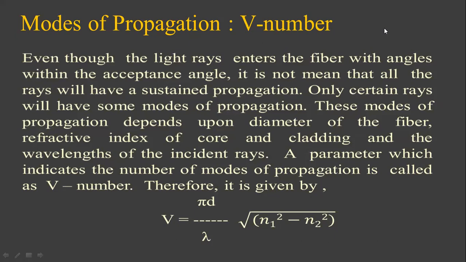And in this session, I am going to explain what is this mode of propagation, also called the V number. Even though the light rays enter the fiber with angles within the acceptance angle, it does not mean that all the rays will have a sustained propagation.